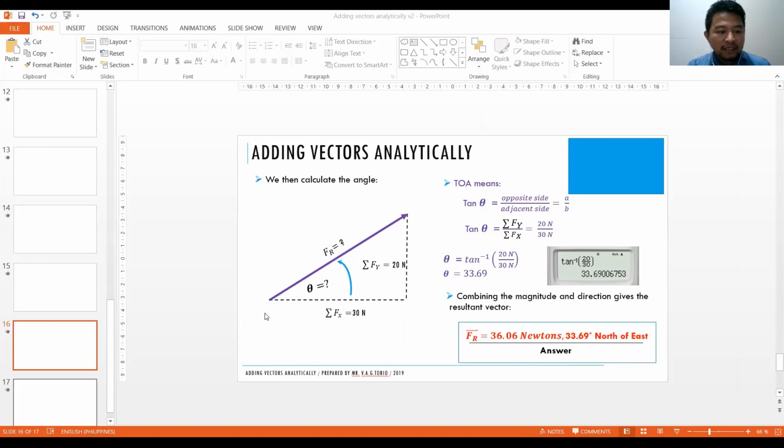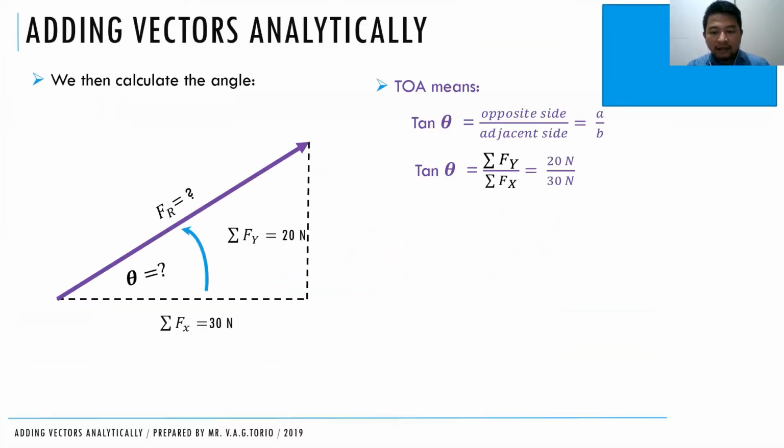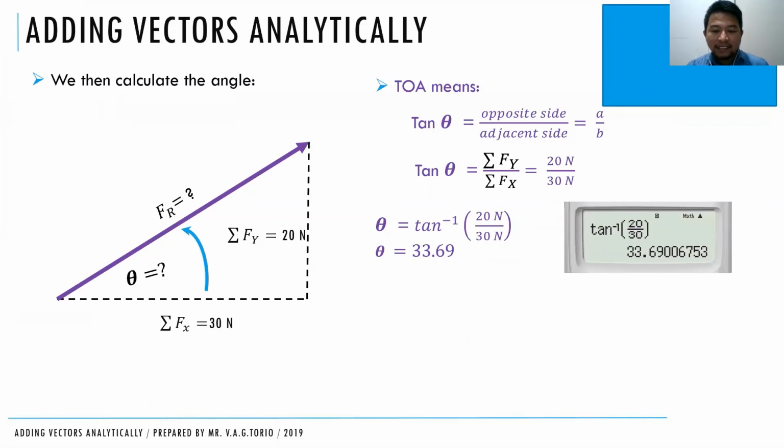Close parentheses, we'll get 33.69 degrees. The value that we calculated is a pure angle, that's 33.69 degrees.